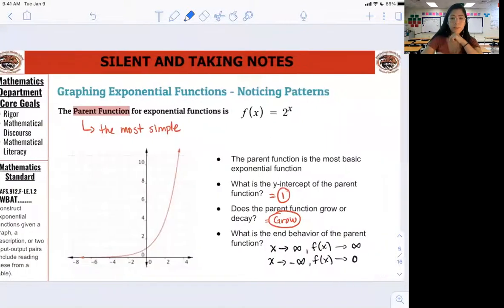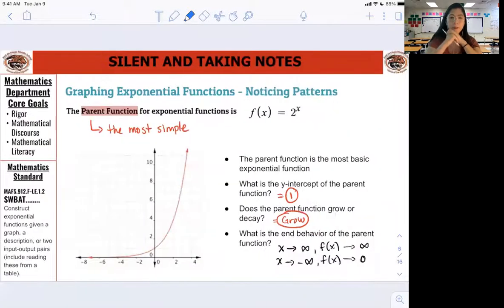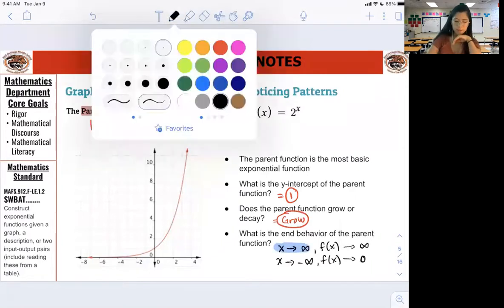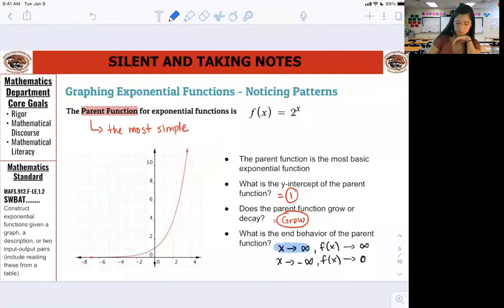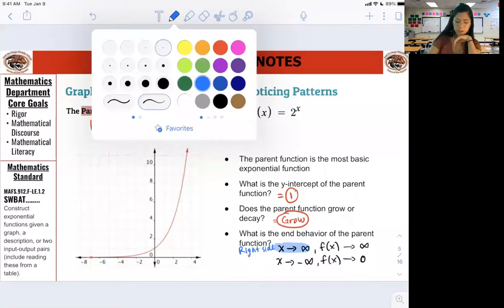And in the parent function, a normal positive graph like this one, the right side approaches infinity, the left side approaches 0. So as x approaches positive infinity, so this is the right side, on the right side, the graph goes towards infinity.